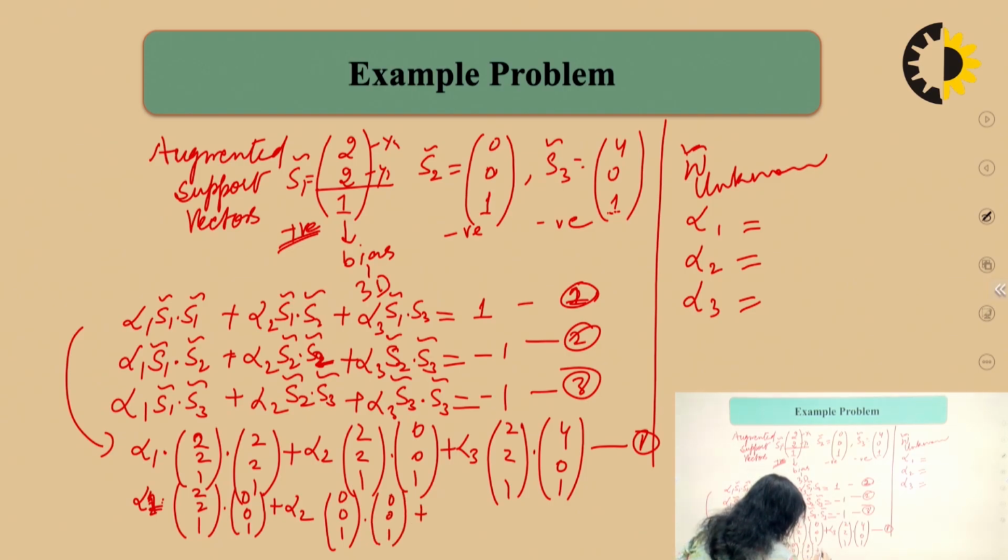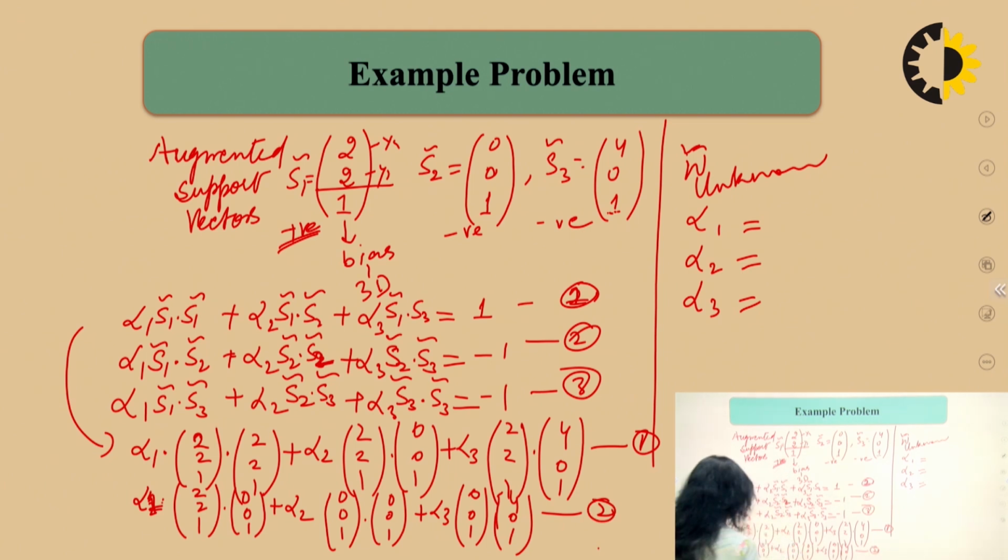Then alpha 3, you calculate S2, S3, where S2 is 0, 0, 1 and S3 is 4, 0, 1. This becomes the second equation.